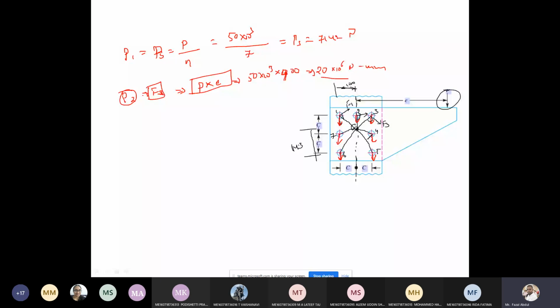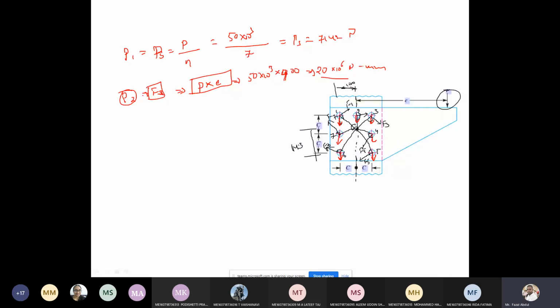Fourth one is F4, perpendicular to this one. Fifth one is F5, perpendicular to this line. Sixth one is F6, perpendicular to this line. F7, perpendicular to this line.